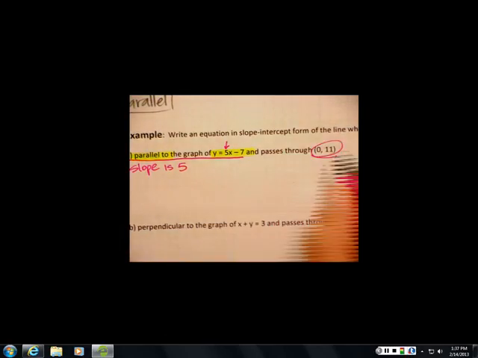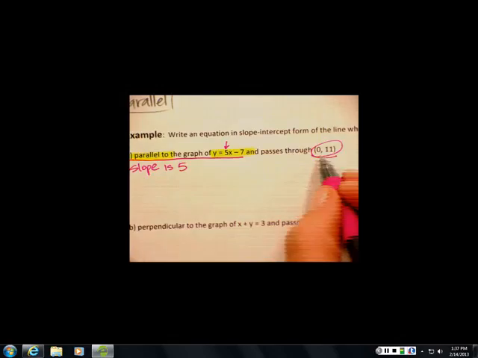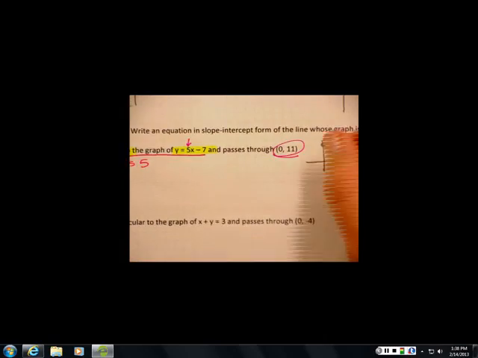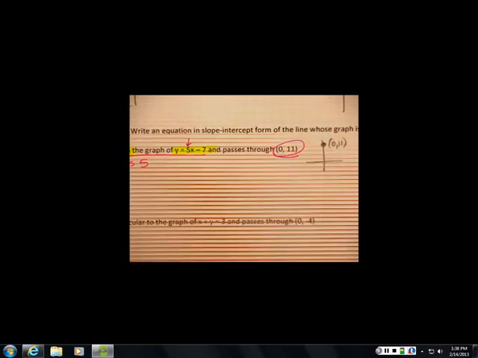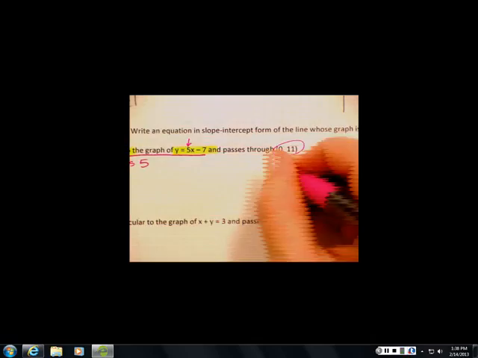Okay. Let's look at this part. It passes through the point 0, 11. If it's 0, 11 graphically, that's going to be right there on the y-axis. So this is actually my y-intercept.